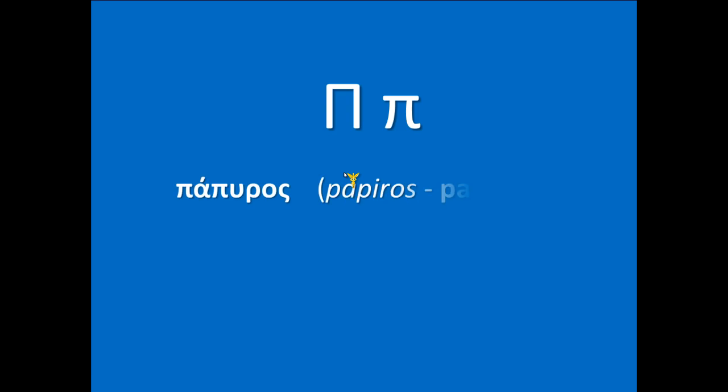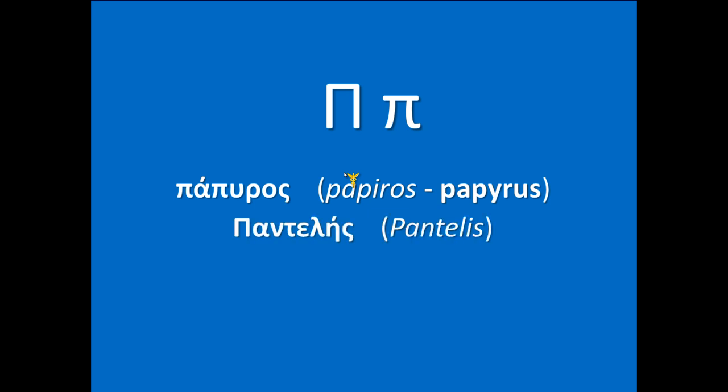Next is the letter P, like papyrus, in English papyrus. With this letter starts my name, Pantelis. P, like present.